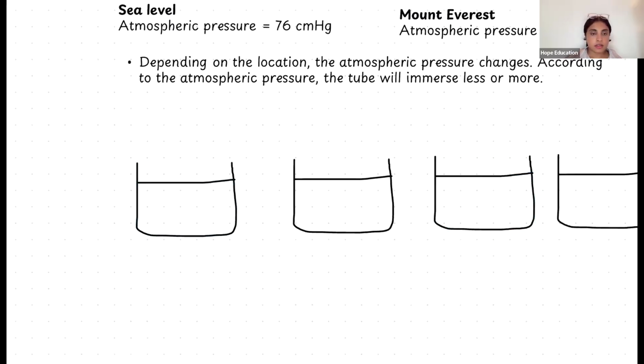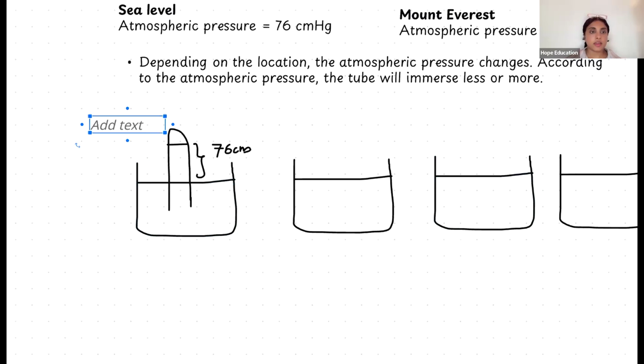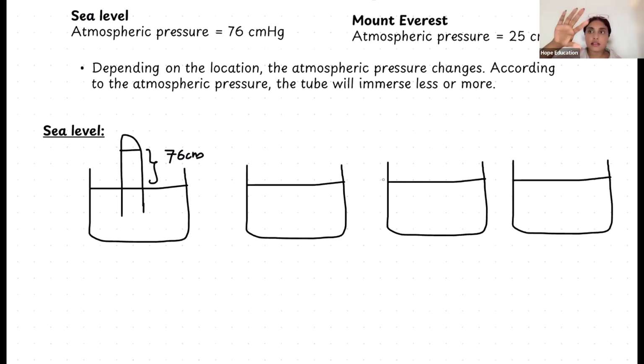I immerse the tube like this. And I know this height will be 76 centimeters because we are at sea level. Okay. Now what I'm going to do is incline it a little to the side. It stays inclined. Right? That is not a problem.